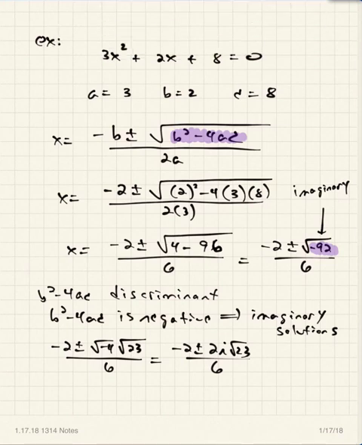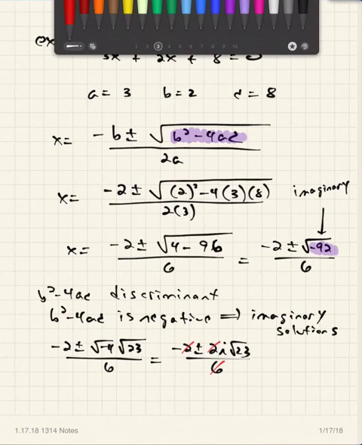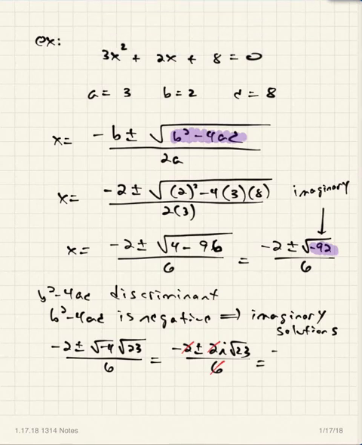And then you could go through and divide out the 2's, because there's 2's that are common in all of those terms. And you end up with -1 plus or minus i times the square root of 23 over 3. So it's a little bit yucky there at the end. And so you get -1 plus or minus i times the square root of 23 over 3. And those are our solutions.